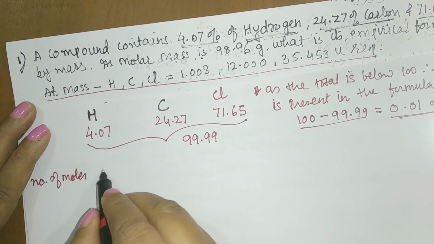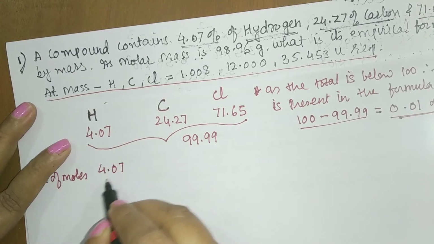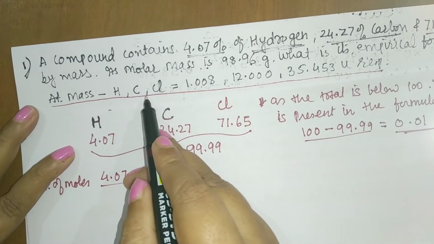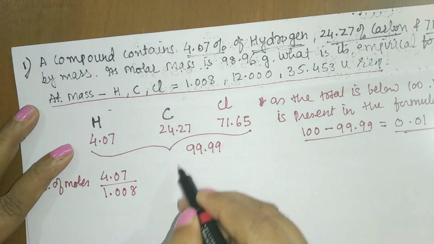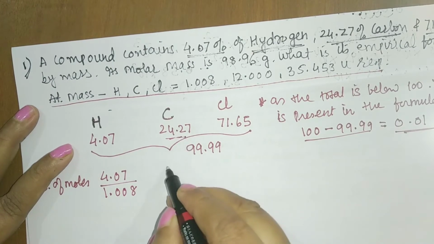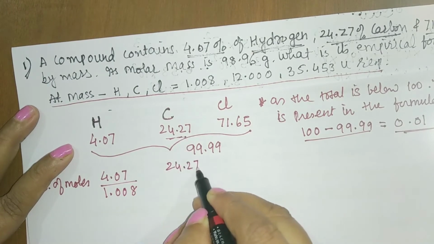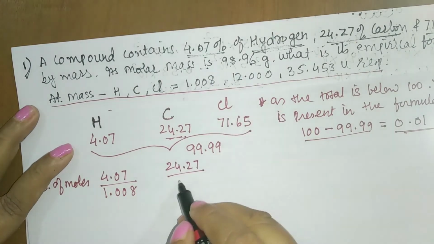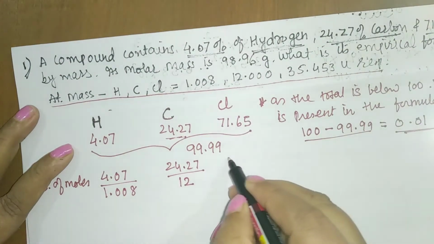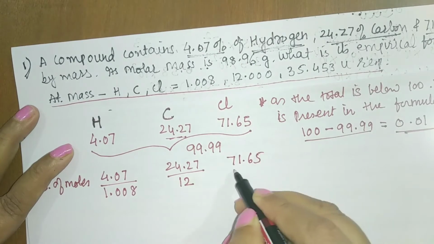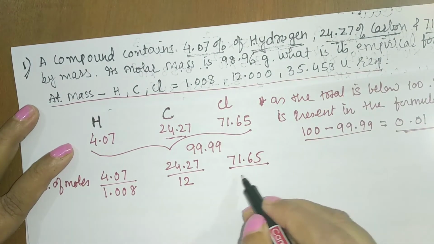Here for hydrogen, it will be 4.07 divided by how much they have given for hydrogen, which is 1.008. For carbon, I will take 24.27 divided by mass of carbon. So I can take it as 12. For chlorine, it is 71.65 divided by what they have given.